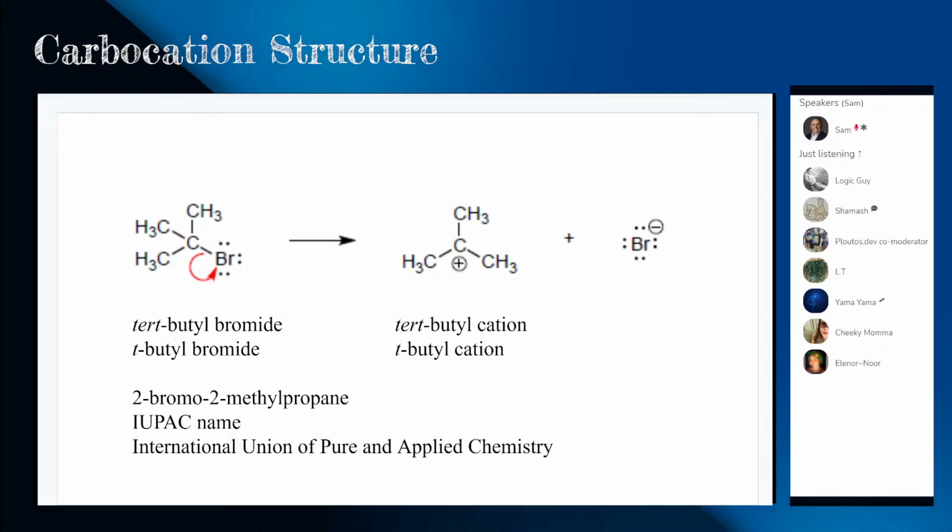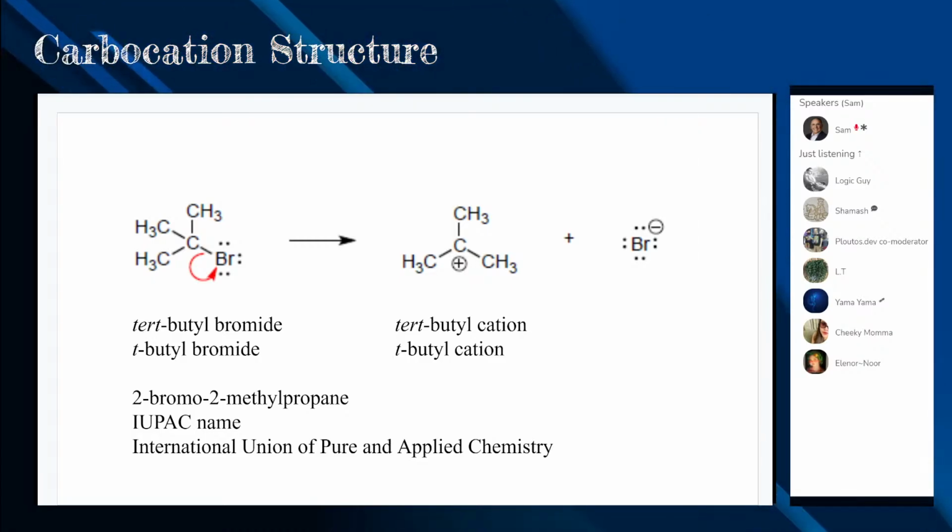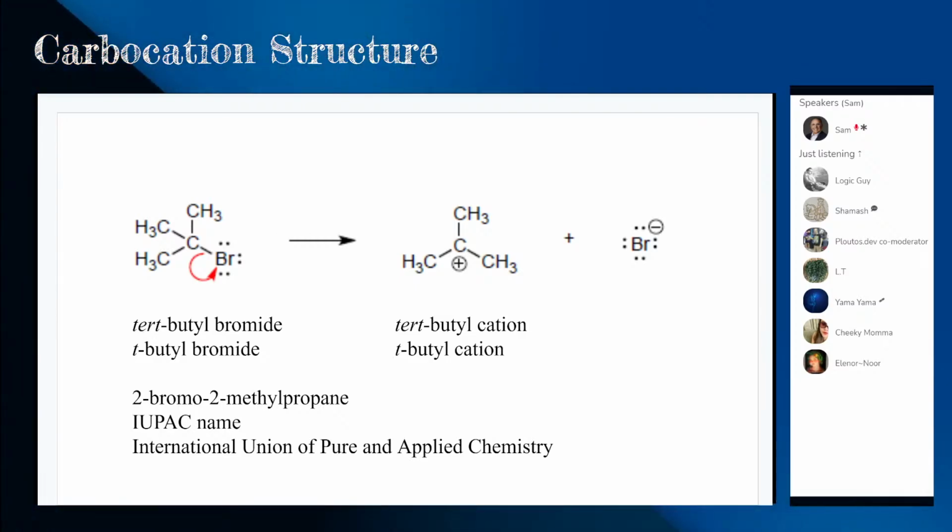We've seen this reaction before where the bromide leaves and gives us a carbocation. The species on the left is called tert-butyl bromide. Tert is short for tertiary.